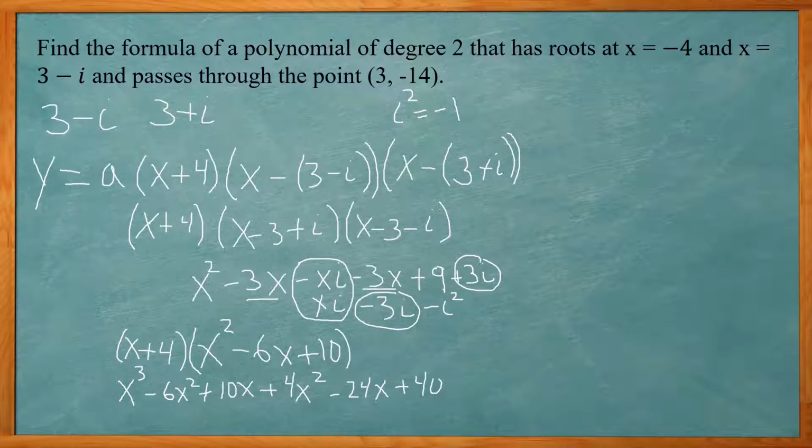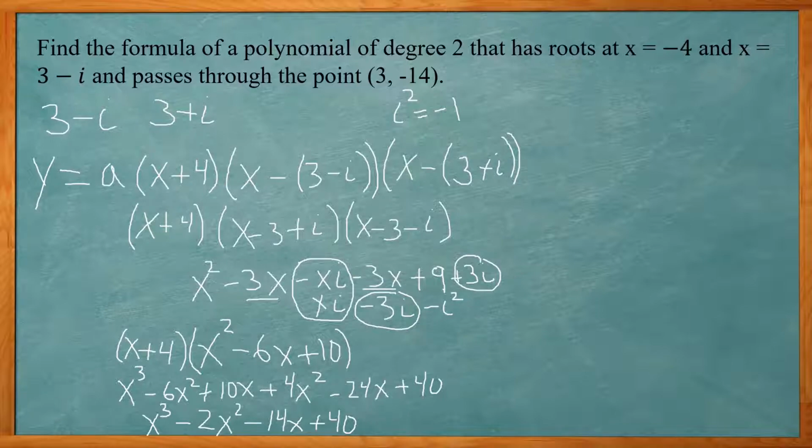Alright, so I can combine like terms. I got x to the third. I got negative 6x squared and a positive 4x squared, so that's negative 2x squared. Then I have 10x minus 24x, that's negative 14x. And then the plus 40. So far I have x to the third minus 2x squared minus 14x plus 40.